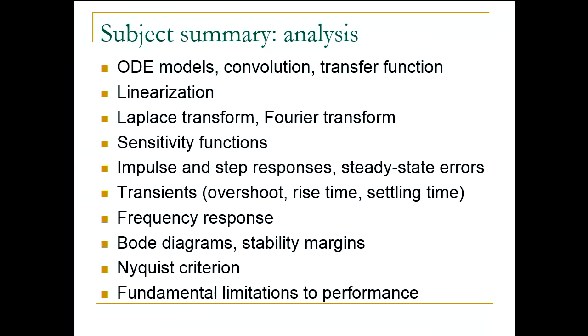In the second part of the subject, we introduced the notion of frequency response. So you saw that whenever you feed as an input of a linear stable system, sinusoid of a certain frequency, in steady state, the output would oscillate at the same frequency as the input driving frequency. But the amplitude and phase may be different.